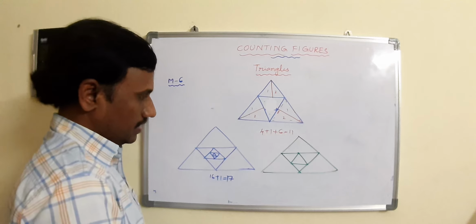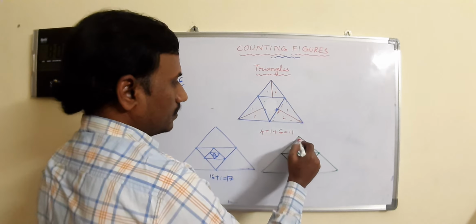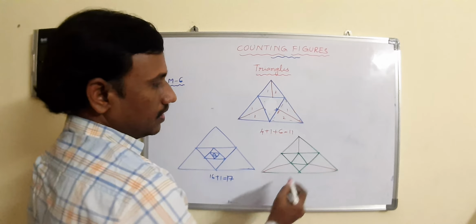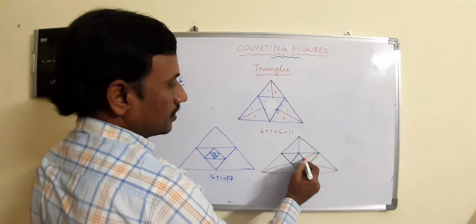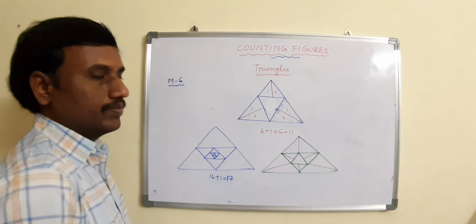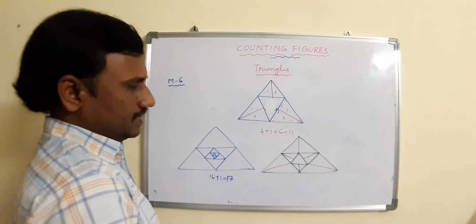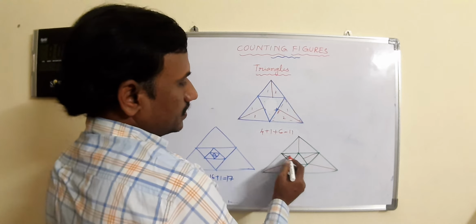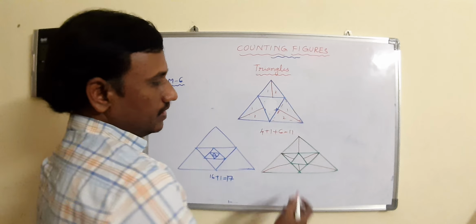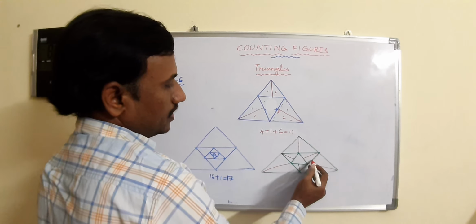Now here I am having it like this. Here they make it like this, and inside also like this. Now tell me how many triangles are there. Just observe, forget about these partitions first, and the remaining you know how to count very well. Inside, how many triangles are there in the whole triangle? 1, 2.